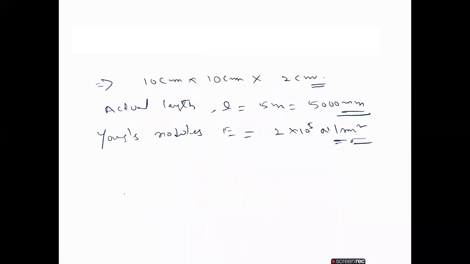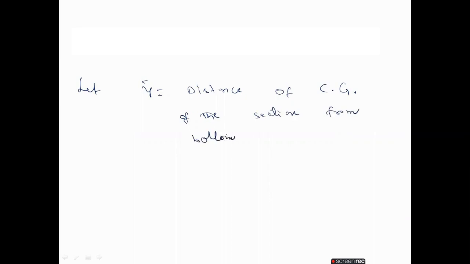Now I will write here clearly. Let Y bar equal to the distance of center of gravity of the section from bottom end. So Y bar is the distance of center of gravity of the section from the bottom end.